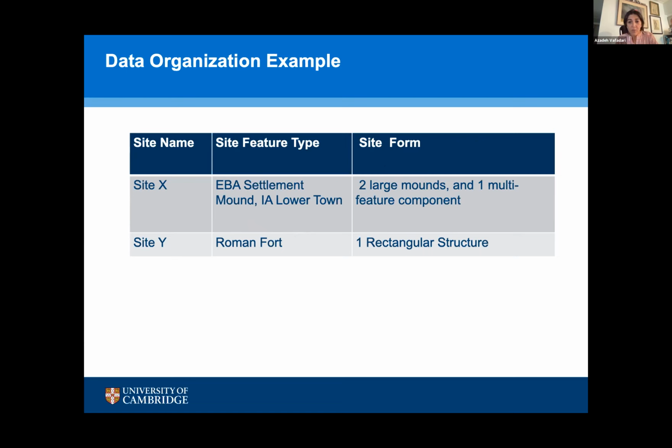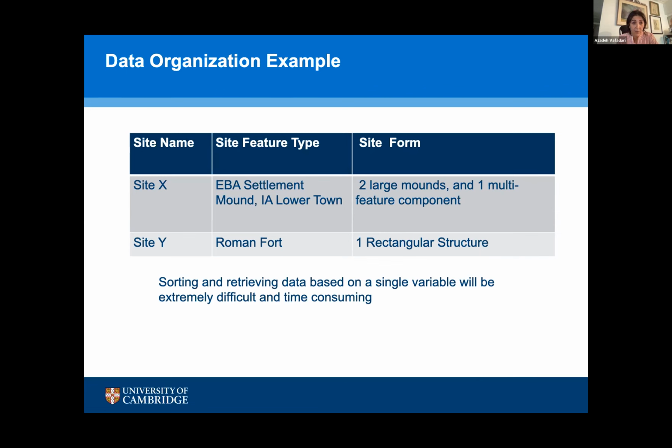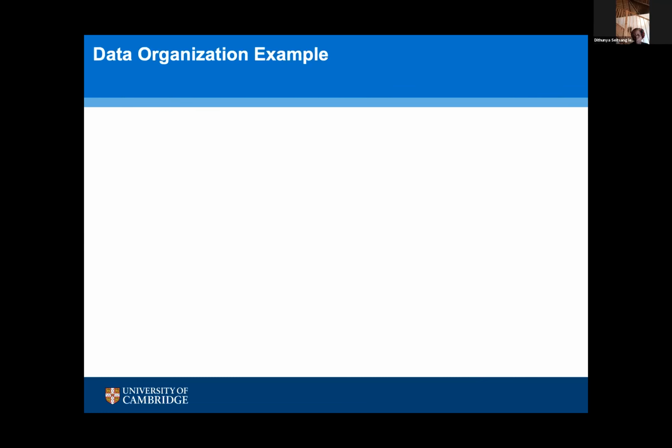So the issue with tables like this is when you want to search a table like this for specific information, let's say the chronology or the type of sites, because the different variables are all in one field, it makes the retrieval of information a bit complicated or difficult in the end.